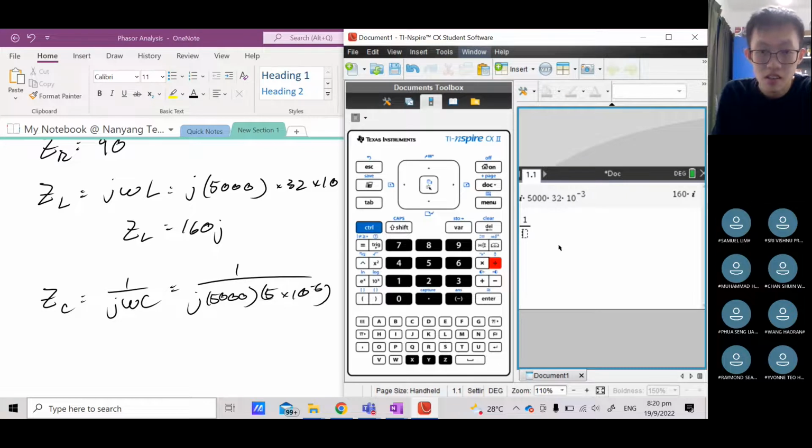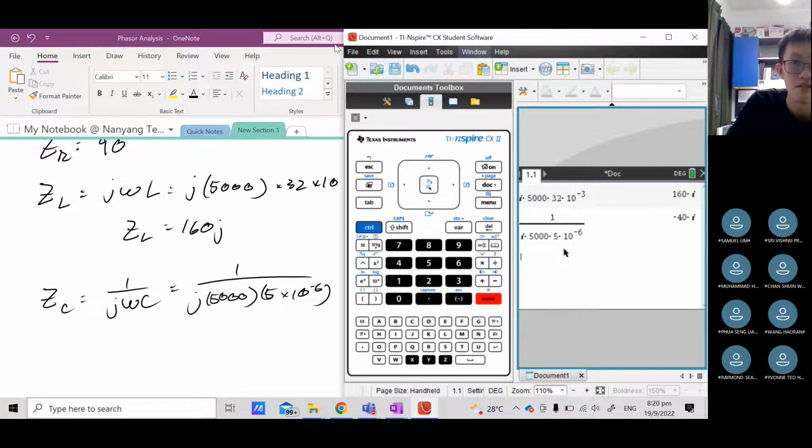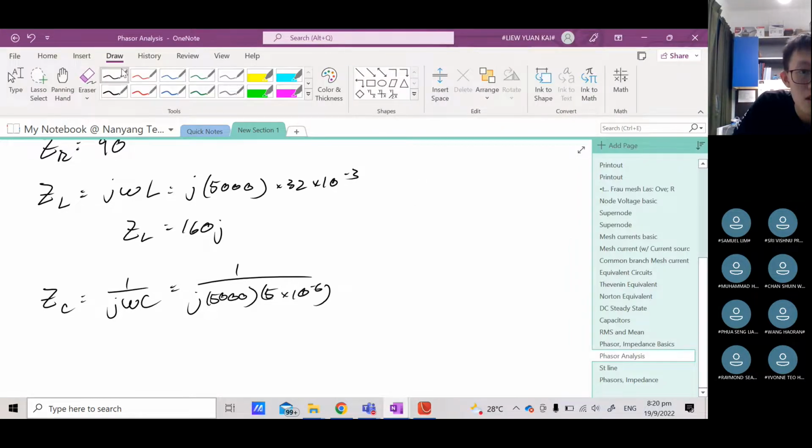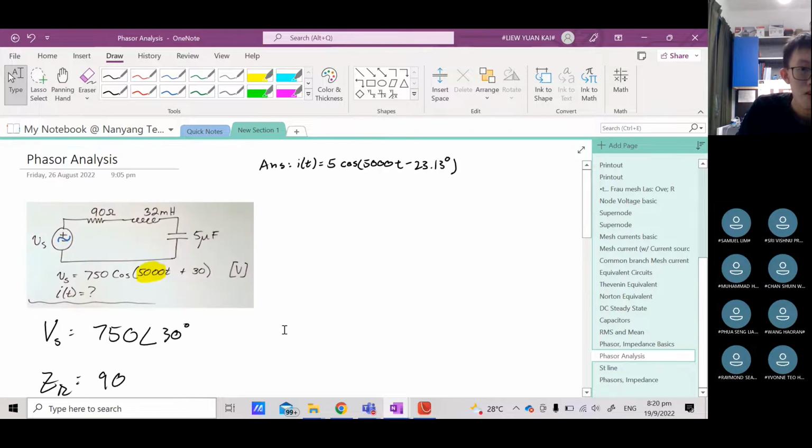So that is -40J. So ZC is given by -40J.